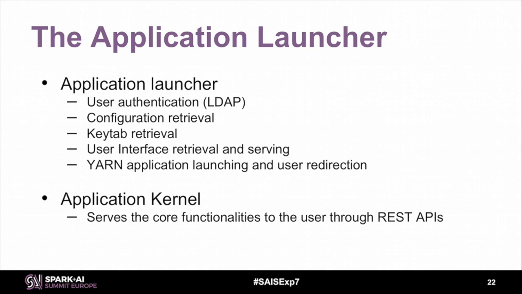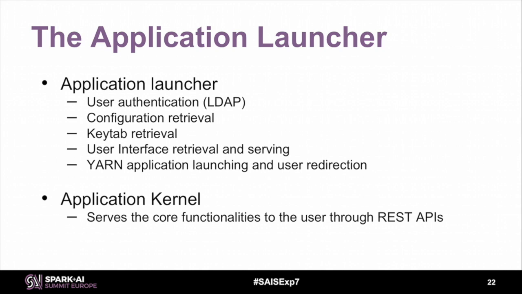Now the application started being more complex, and we introduced two different components. One is the application kernel that you saw before. It's basically the interactive Spark application. And the other one is the application launcher. The application launcher is a component that takes care of doing all the things that I was mentioning before. One is performing user authentication.